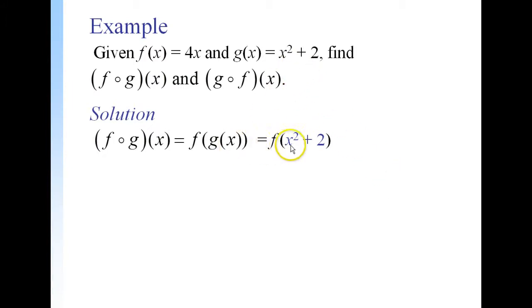So that is our g function right there. And we have to add the 4 to it right there. So we go 4 times x squared is this, and 4 times 2 is that. Okay?